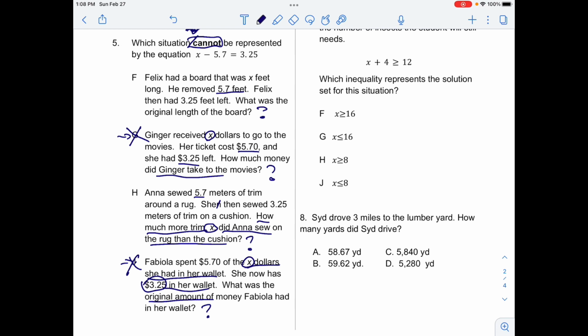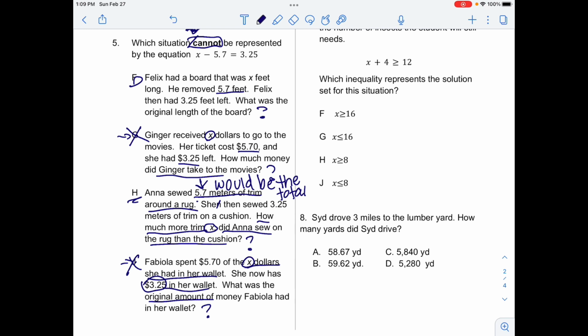Okay, so let's tell the difference between F and H. So Anna sewed 5 and 7/10 meters of trim around a rug. So this is saying that the 5 and 7/10 meters would be the total she started out with.